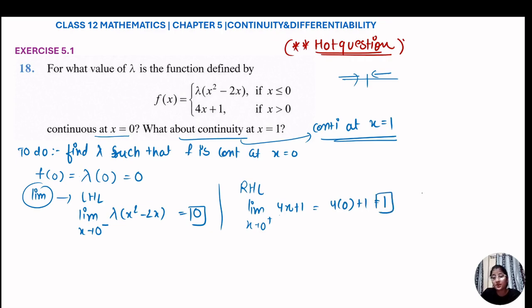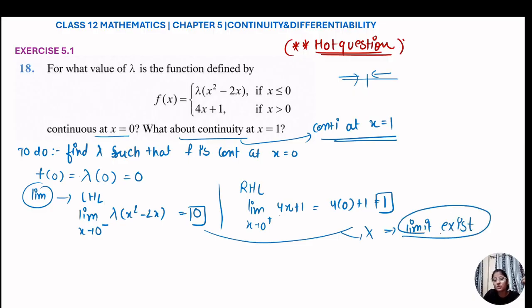Now, as you can see, your left hand limit and right hand limit are not the same. So this implies the limit does not exist. If the limit does not exist, then there is no point in checking its equality with the function value. So from here, we find the function is not continuous. For continuity, we need the left hand limit to equal the right hand limit.